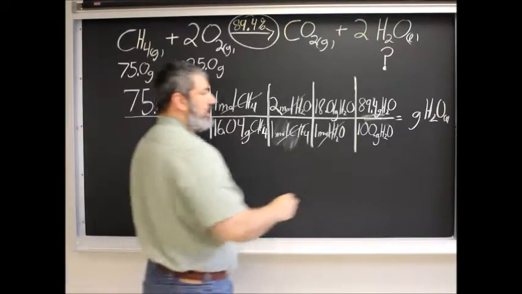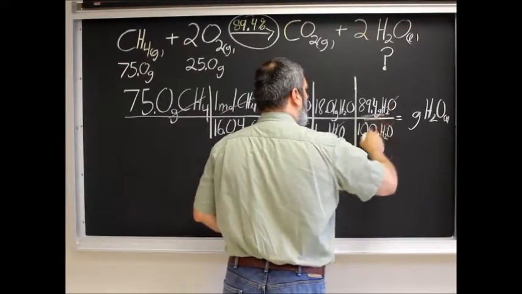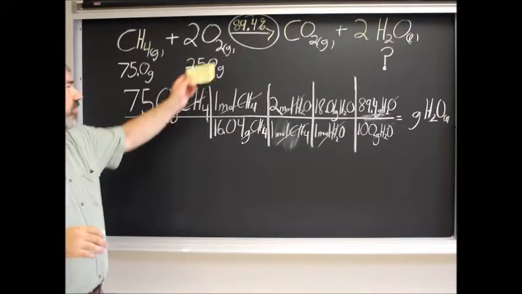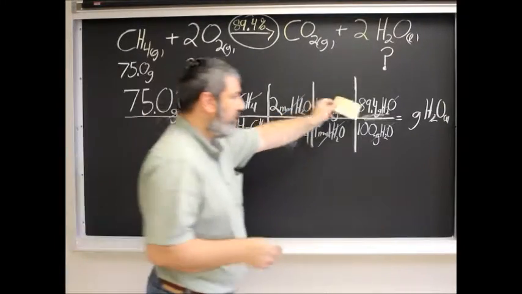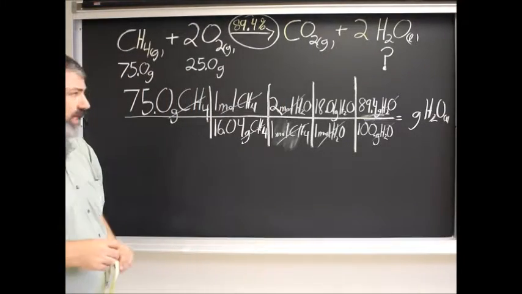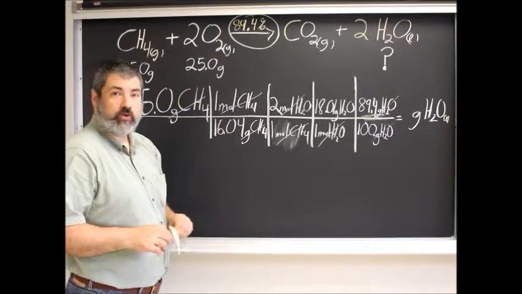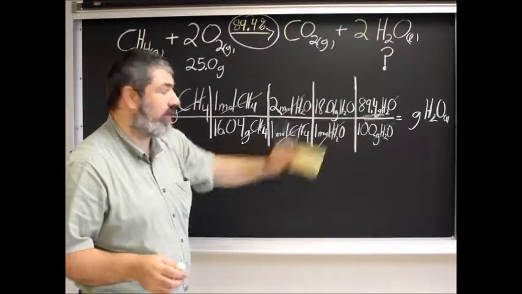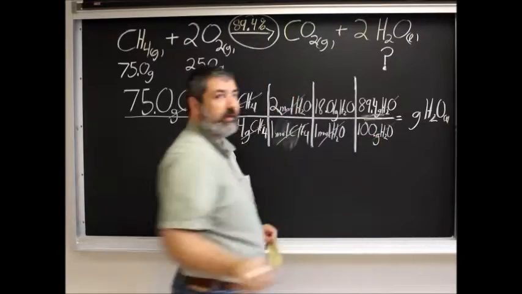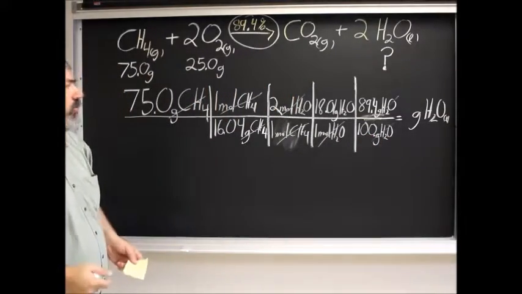Notice that both of these have grams of water, so they cancel, leaving me in grams of water. Percent is a dimensionless unit. This is simply a way to set it up formally in my dimensional analysis table. If this was 100% yield, we wouldn't even bother putting it in because this would be 100 divided by 100, which would just be unity, 1, so we could ignore it.